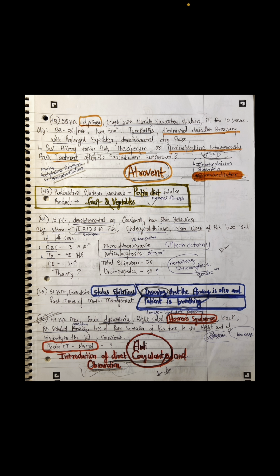Next patient says the radioactive nuclear washout, pectin diet intake product. This is something to remember here. Maybe this is a question related to social medicine. When there is a radioactive nuclear washout in some areas, remember that the questions are related to the European, Ukrainian, or Russian point of view.